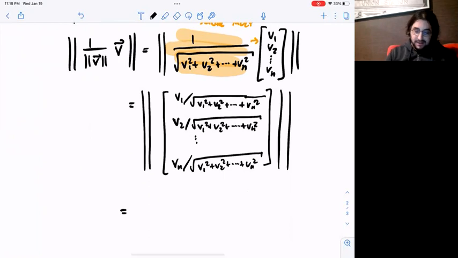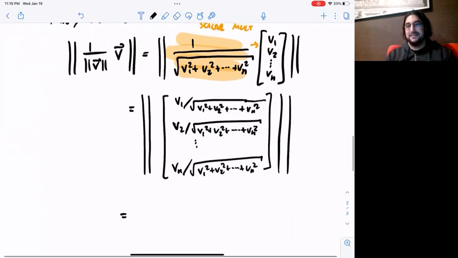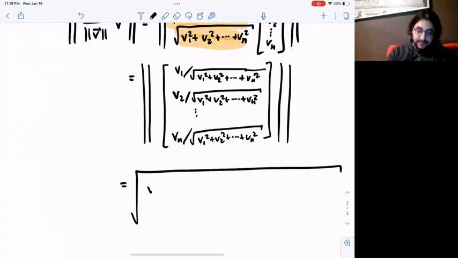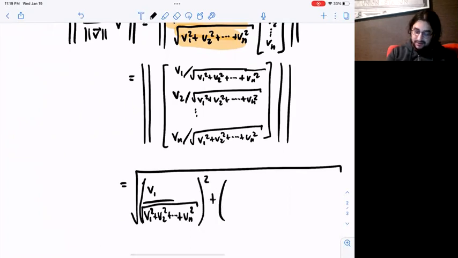Now we can apply this outer magnitude operation. What does magnitude tell me to do? Magnitude tells me to take each component, square it, add them up and take the square root.